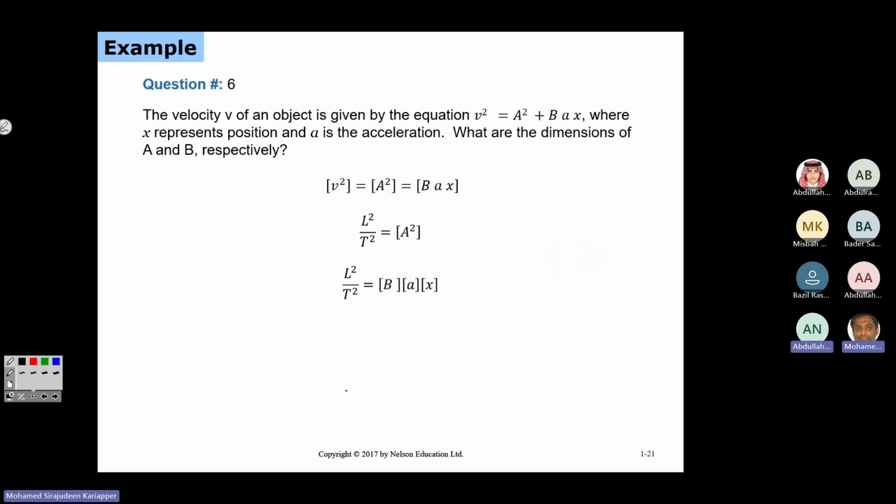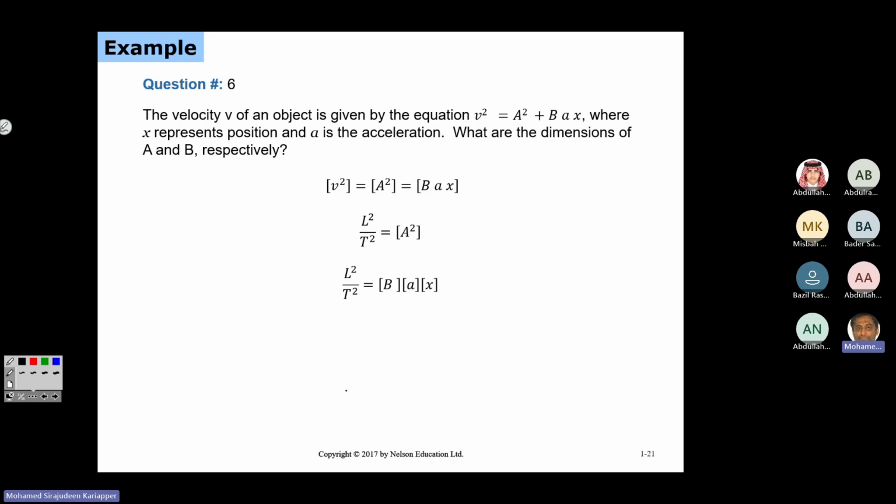So M may be M to the power 0, and anything to the power 0 is 1. So L to the power 0 is also 1. Maybe T to the power, maybe you will get minus 1 or something. So you will never get that answer. Whenever you work it out, a quantity must have something M to the power something, or if everything is 0, that means you will get it to be 1.